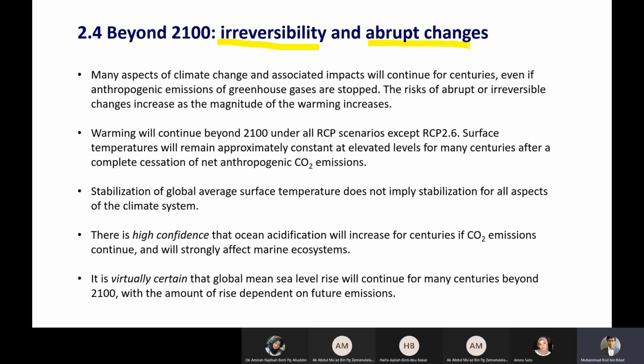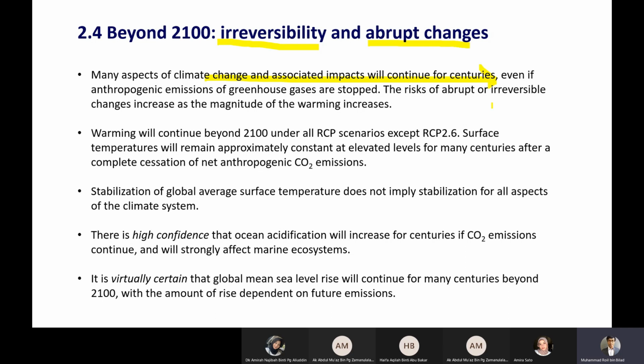For example, you cannot expect we can re-freeze the ice in Antarctica. The impact will continue for centuries, even if we do everything, because the CO2 that we have accumulated in our ecosystem is there, unless we take it back.